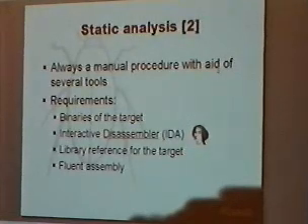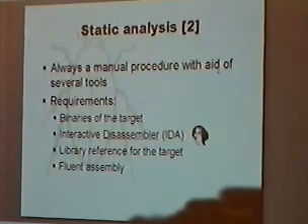So what you need is first the binaries of the target. Then you need the Interactive Disassembler, which is a commercial tool. One could argue that you can use a different tool, but I would say this point is not open for discussion. Anything that's serious static analysis should use IDA.